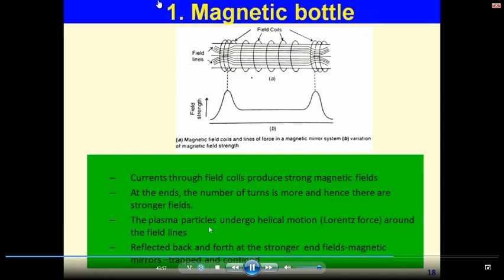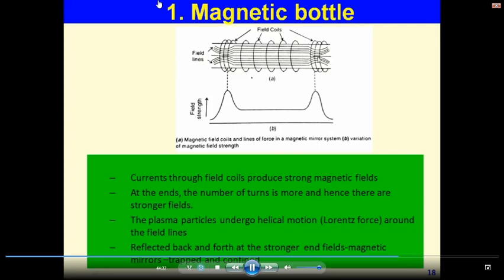The plasma particles undergo helical motion around the field lines. I already told you, whenever there is a magnetic field line like this, the plasma particle will revolve around this particular field line, and it will be a helical motion because there is a velocity component. But when it comes to one end, it finds a very huge magnetic field, so the particle cannot penetrate.